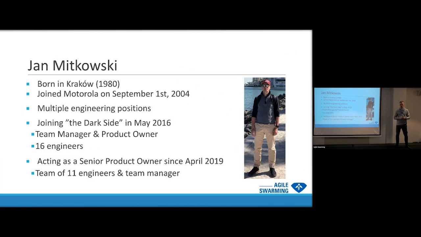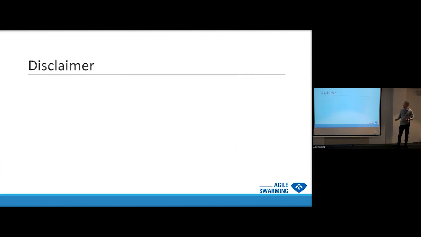So I became a team manager. The thing that I didn't want to do was product owner. I wanted to be a manager, but they told me you'll be the product owner. Oh, okay. So what happened next is that in 2019 I'm actually working as this product owner, and here are some numbers.